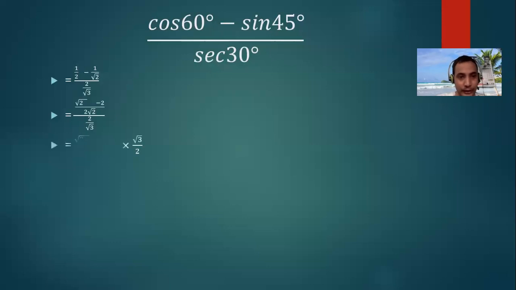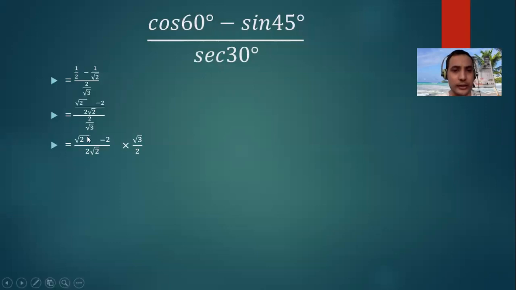And then a by b by c by d. In the case of a by b by c by d, write in your copy: a by b by c by d means a by b into d by c.